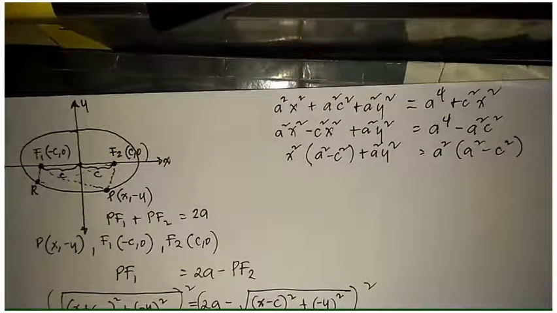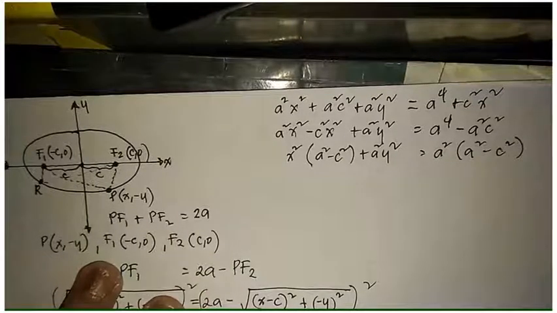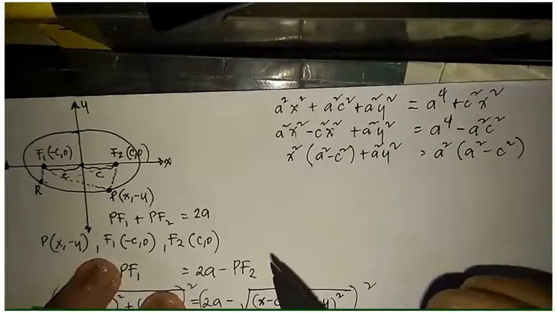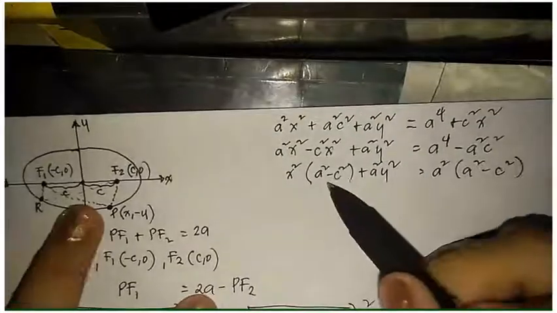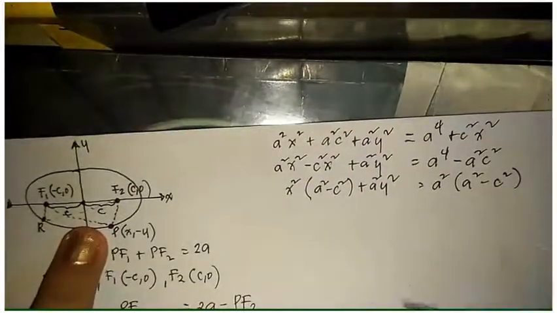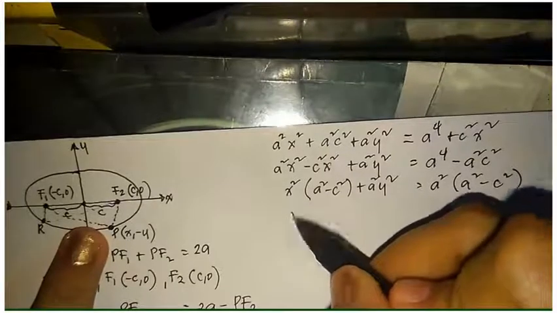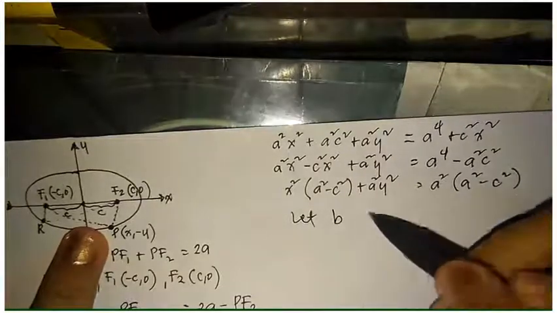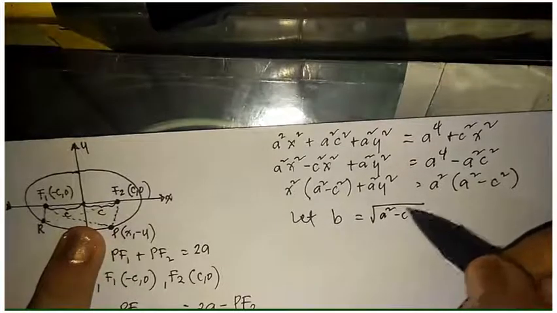And so, if that is the case, we can assign another variable to represent a squared minus c squared here. We can let b be equal to the square root of a squared minus c squared.